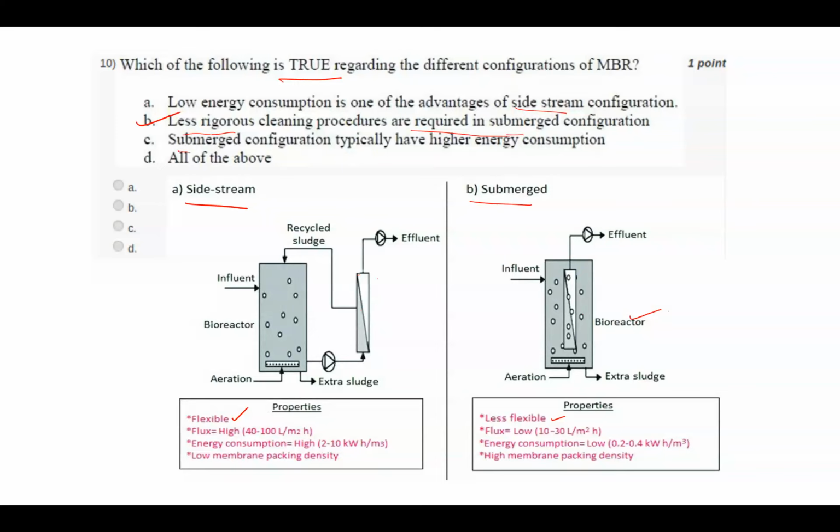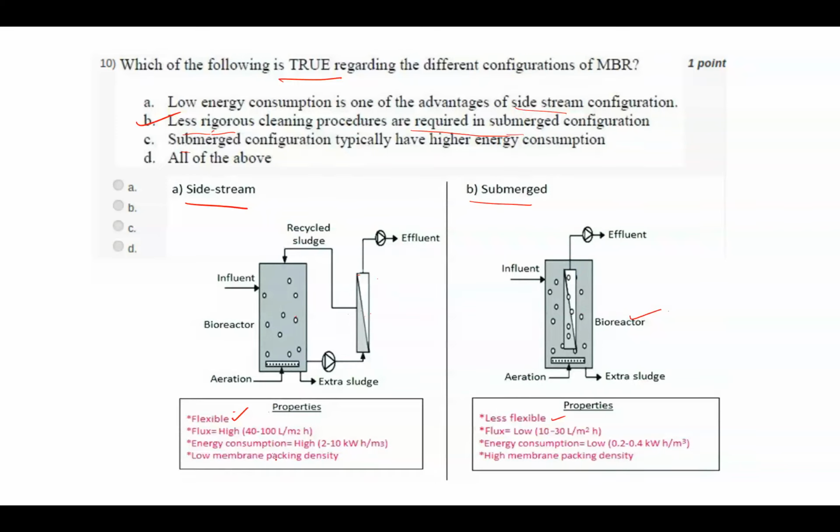But here less rigorous cleaning is needed for the submerged one. Here it needs more cleaning, but when we analyze the flexibility, we can manage the flow rate and the different parameters more flexibly, we can control. That's what flexible means here. Then flux: when we compare the flux, side stream has higher flux.